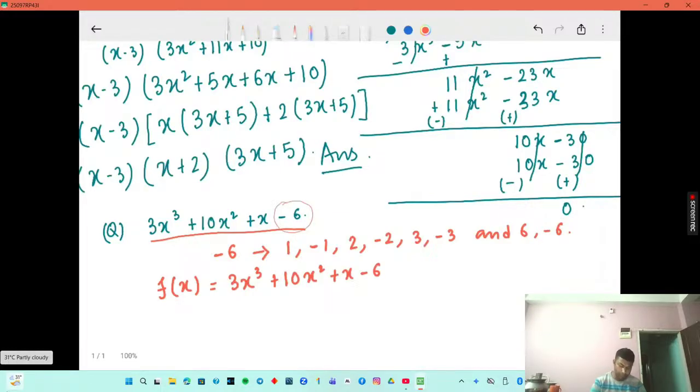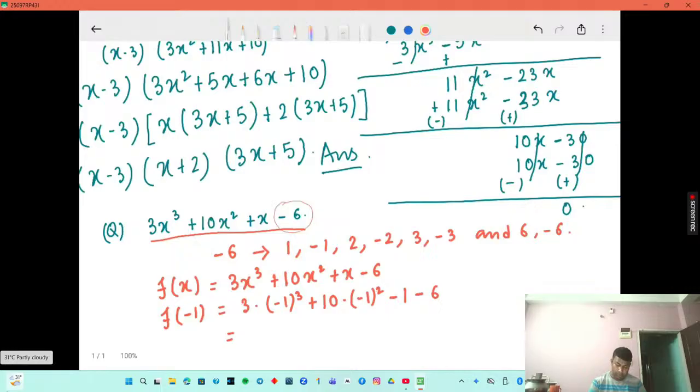Okay, now when we put x equal to minus 1, then we get 3 into minus 1 whole cube plus 10 into minus 1 whole square minus 1 minus 6.